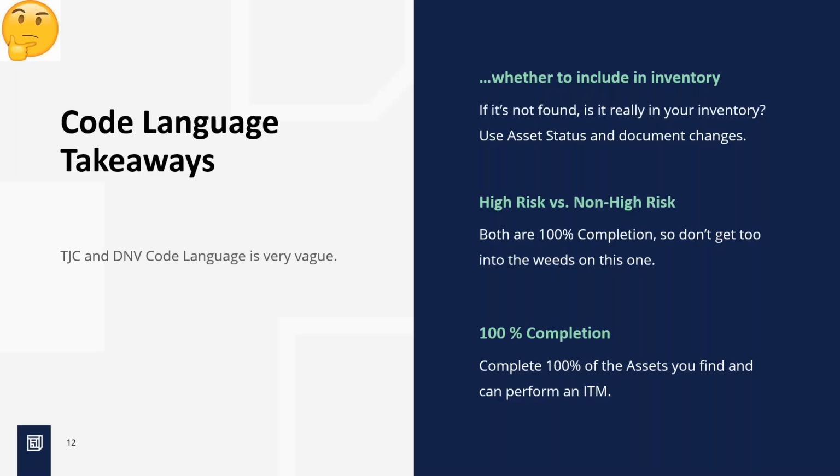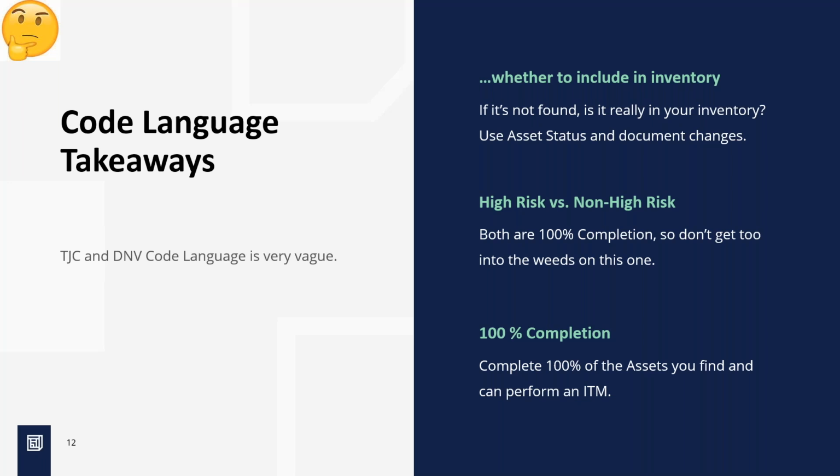So let's look at the next slide and look at what we interpret as part of ours. Some of the stuff I highlighted is very vague, both on the Joint Commission and DNV side. It's whether to include it in inventory. So what does that mean? Is it really in your inventory if you can't find it?